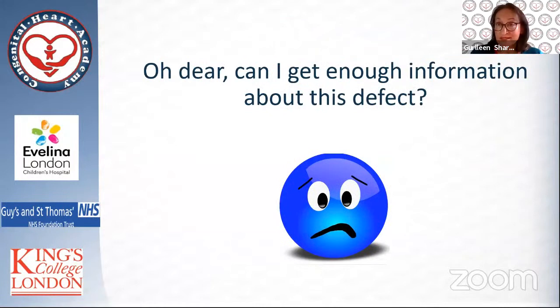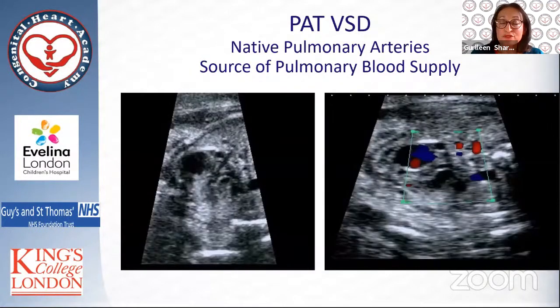Sometimes we can make a diagnosis, but then can we get enough information for our counseling? Pulmonary atresia with a ventricular septal defect would be an example here. These clips are from a baby that had pulmonary atresia with a VSD. There were balanced ventricles and aortic override.